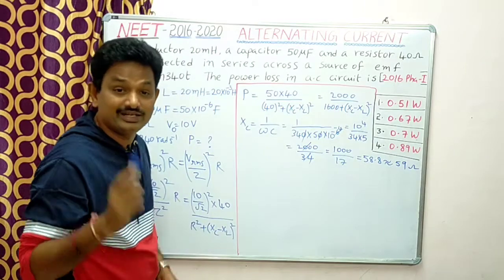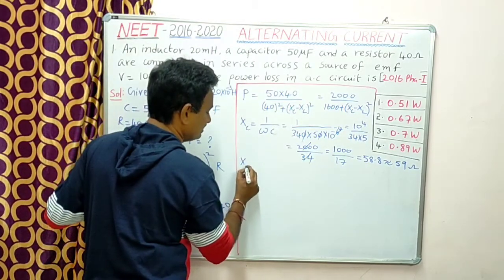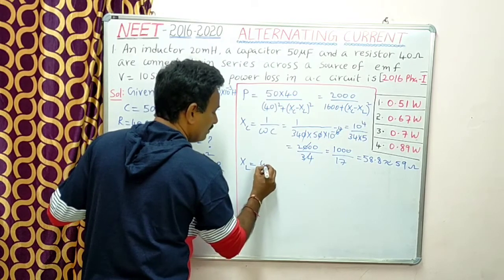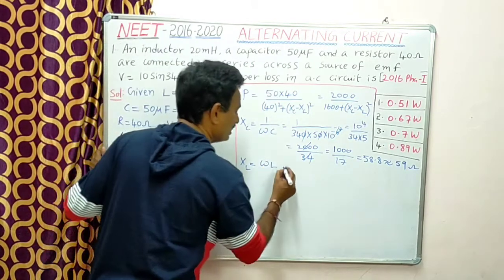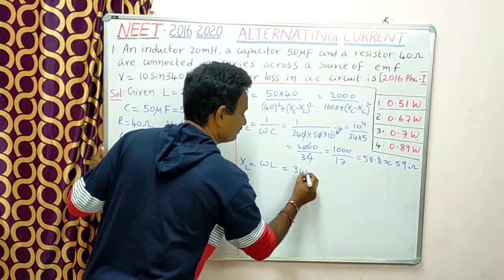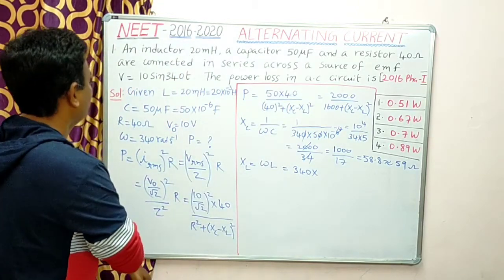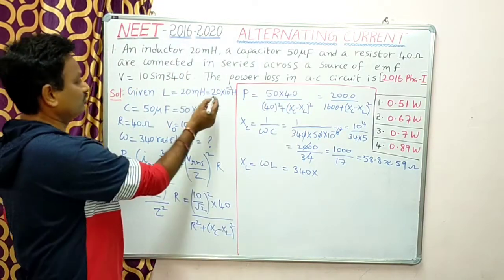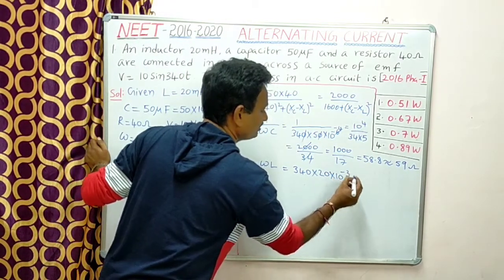Now I will find inductive reactance. Inductive reactance XL is equal to omega into L. That is equal to omega 340 into L. L is 20 into 10 power minus 3.